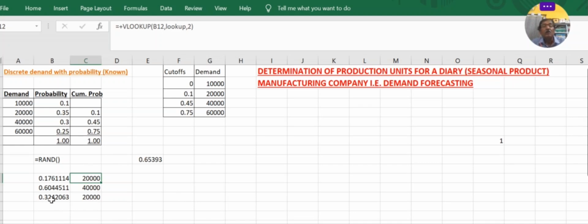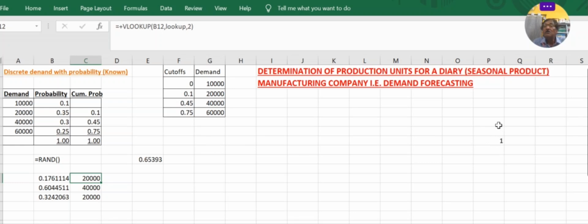In this way. What will be the demand for this random number 0.32? It is just above 0.1 and below 0.45, that is 20,000. In this way, you can connect the random demand with the random number and relate it to the cumulative demand.